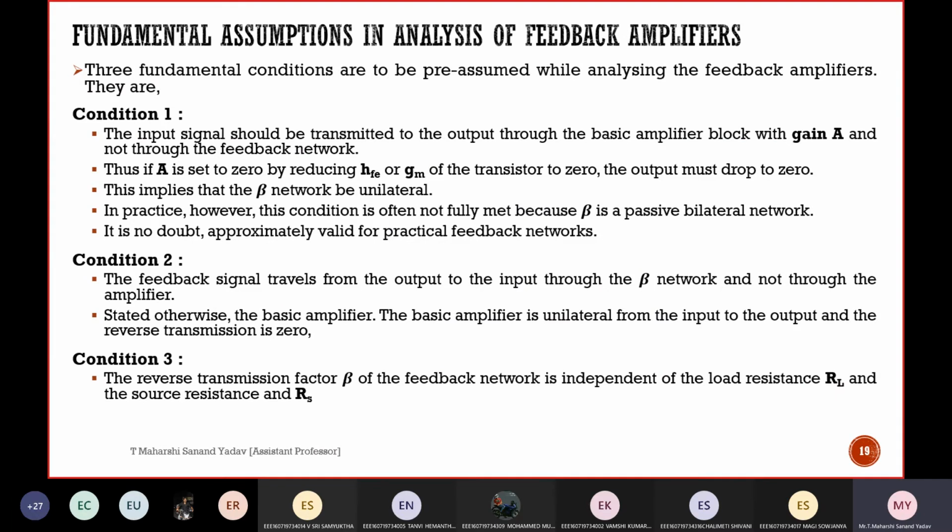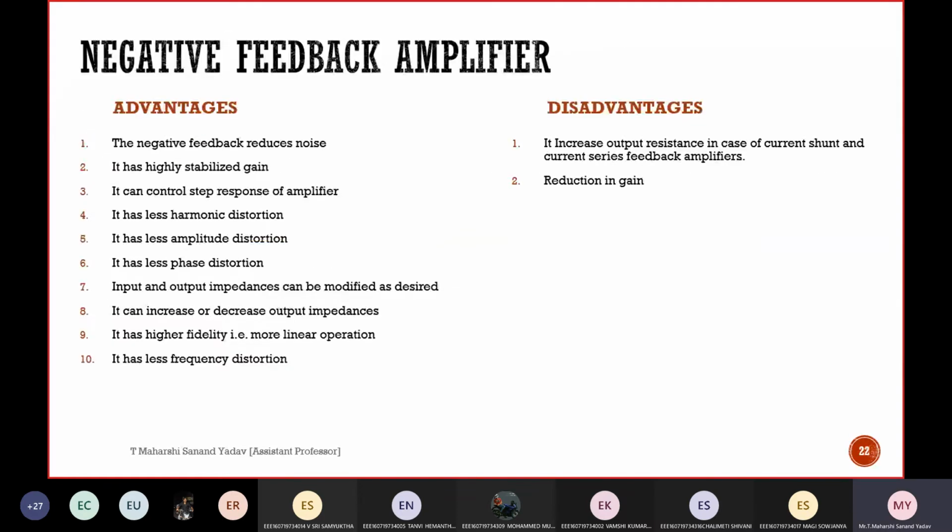Next, these are some of the fundamental assumptions in the analysis of feedback amplifier. I think we have seen this one also. So this question is important for 2 marks. In the previous paper, this was there. You need to explain the advantages and disadvantages of feedback amplifier. Till now we have seen about the disadvantage, that is reduction in gain.